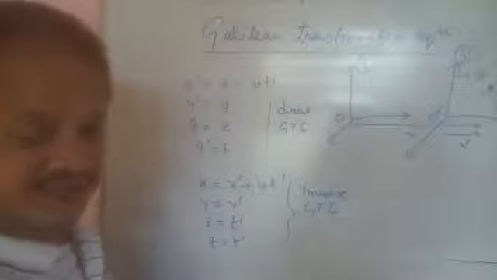So these were called inverse relations. Galilean transformation inverse equations. Already you know this relation.